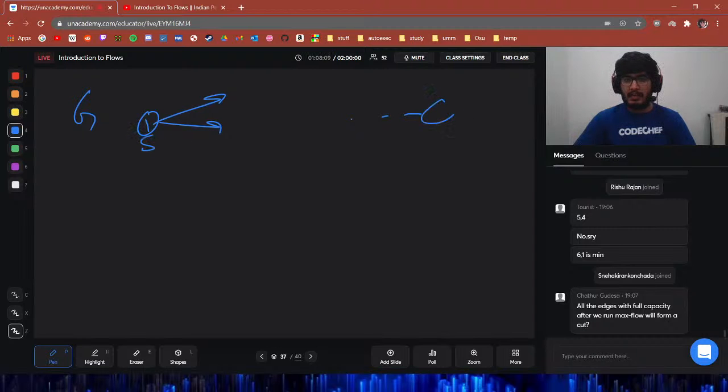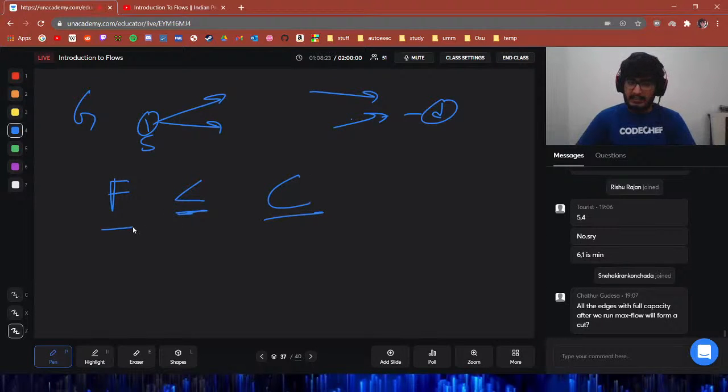This is the source and lastly it's the destination. Any flow value that I'm going to get, let us call that F, is going to be less than or equal to any cut that we can get. Let us call that C. This doesn't necessarily have to be the maximum flow and this doesn't necessarily have to be the minimum cut. I'm just saying that any flow is going to be less than or equal to C, right?